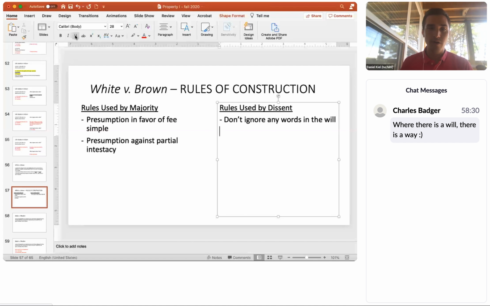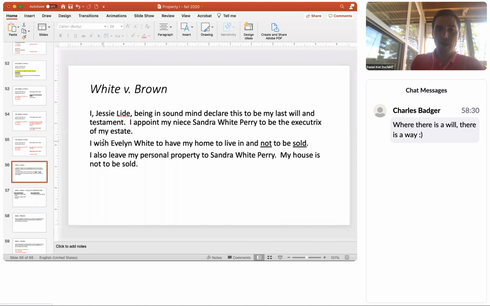There is another rule of construction that the dissent uses. And so, Alex, I'm going to walk through it with you. This language: I also leave my personal property to Sandra White Perry. Okay. What does that do for the personal property? What does Sandra White Perry get in terms of sticks?